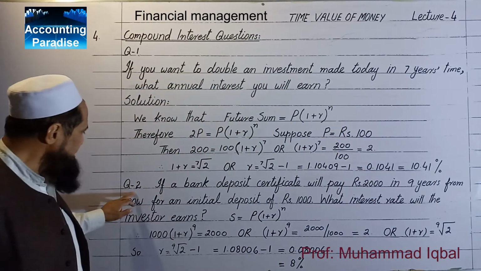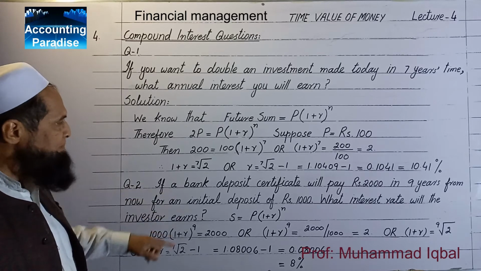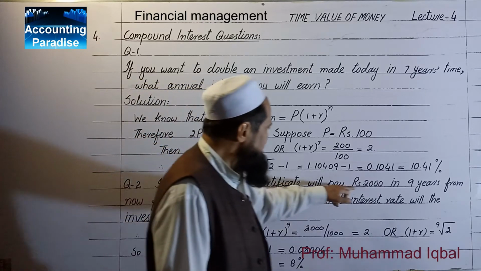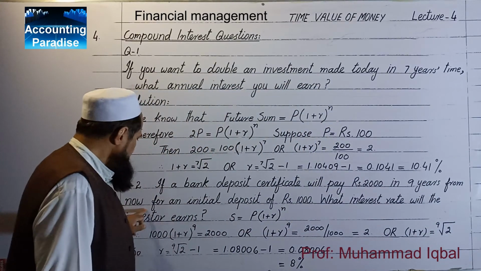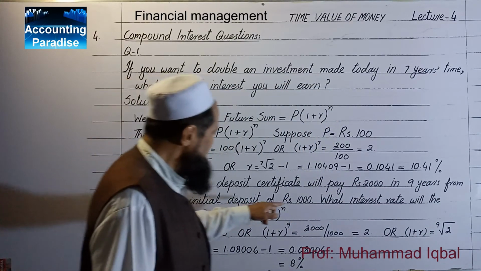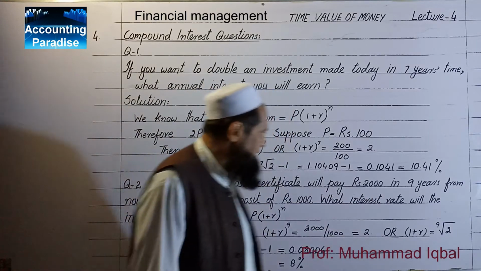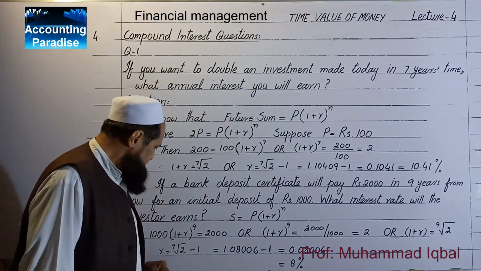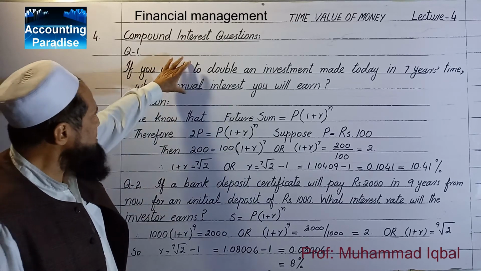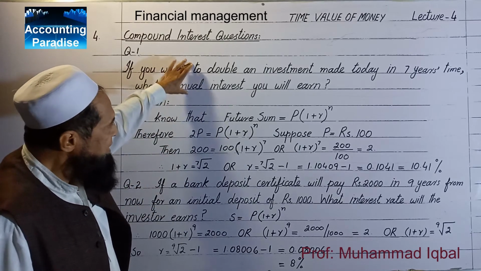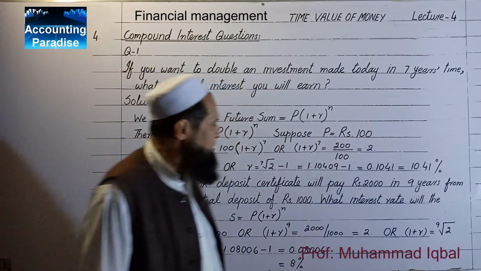10.4741%. Question number 2. If a bank deposit certificate will pay rupees 2000 in 9 years from now for an initial deposit of rupees 1000, what interest rate will the investor earn? Same question, only in the previous question no amount was given and we supposed rupees 100.